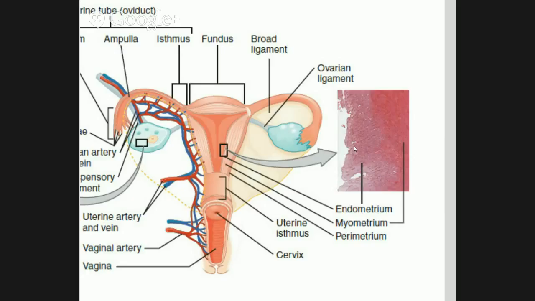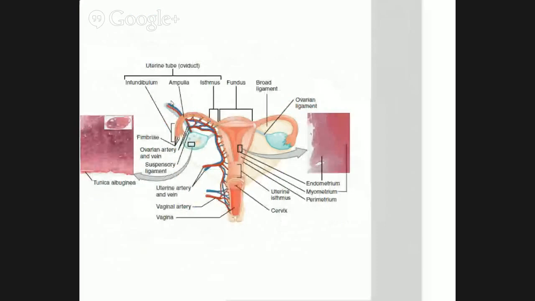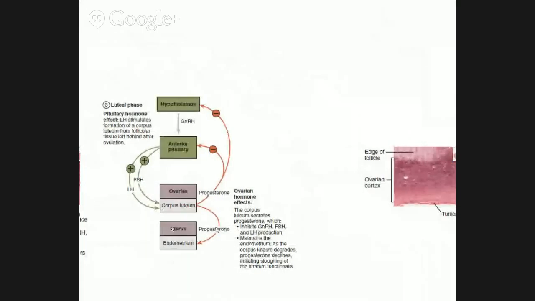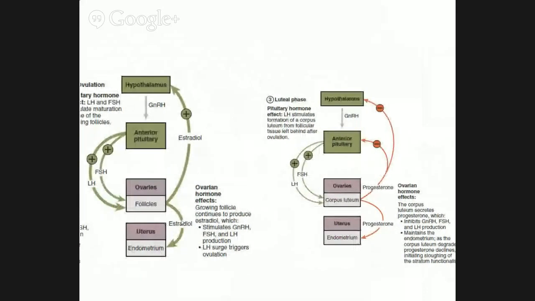The uterine cycle is also going to follow 28 days because it's tied to the ovarian cycle. And actually, it's tied to it because of what I was just showing you here, that the estradiol or progesterone coming from the ovaries is influencing activity in the uterus, specifically the endometrium.